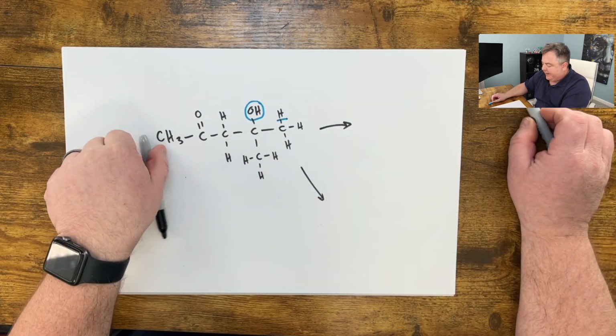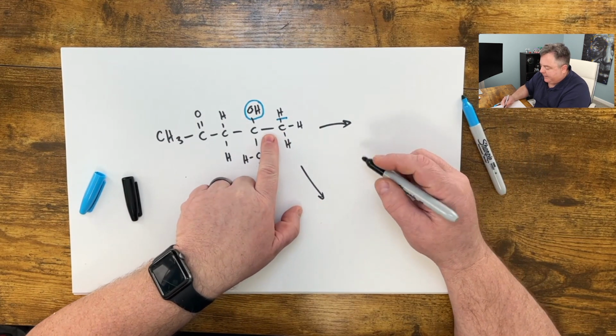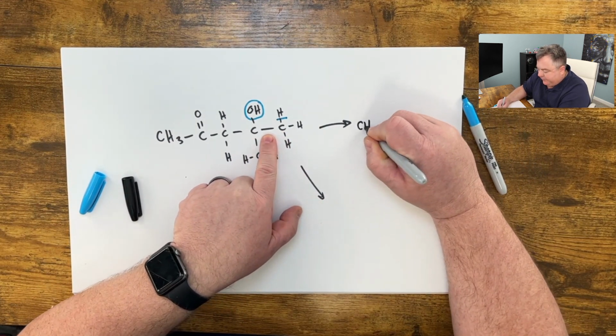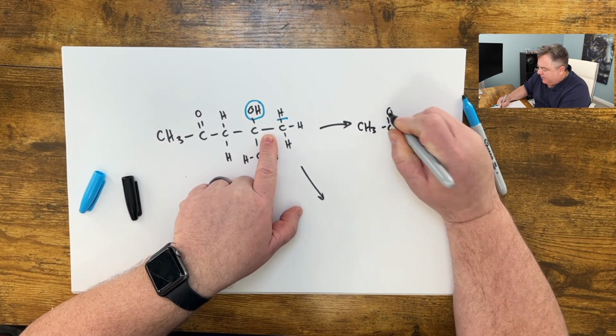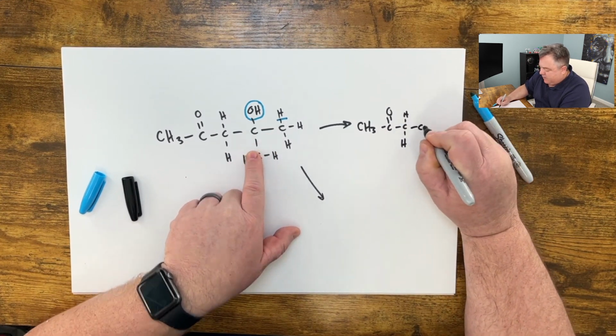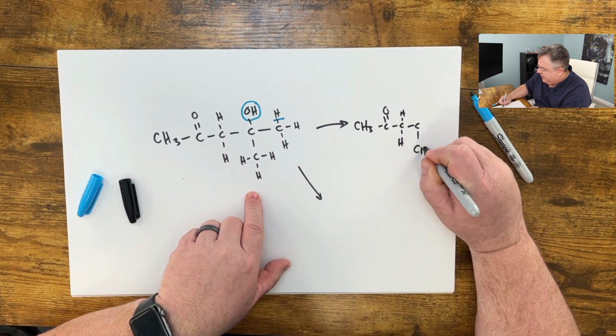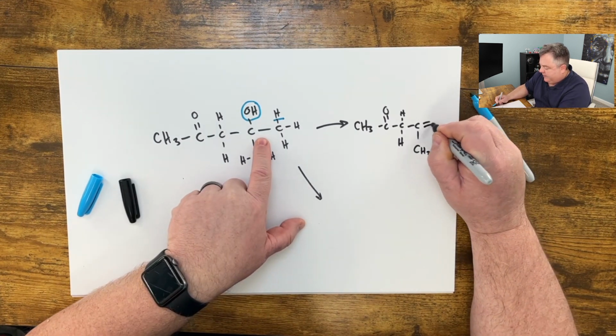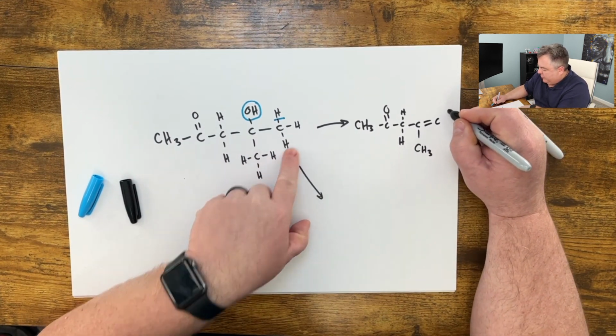If I pull off this hydrogen atom, then I'll make a double bond right here. So I would have CH3, carbonyl, CH2, carbon with a CH3 on it, double bonded to a carbon with two hydrogens.